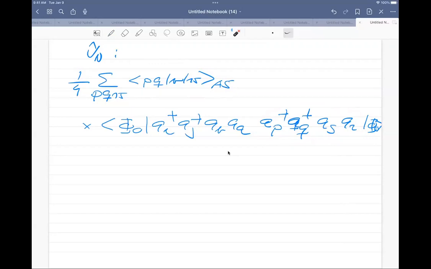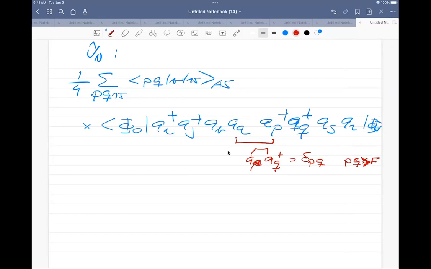So when you now look at the contractions which you can have, we could have the state A being contracted with that. That is possible because this is a particle state A. Remember that the only non-zero contractions, if I have a_P a_Q†, this is equal to delta PQ if P and Q are larger than F, if they're particle states.